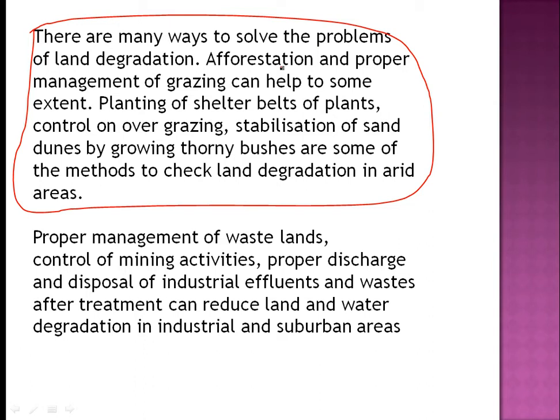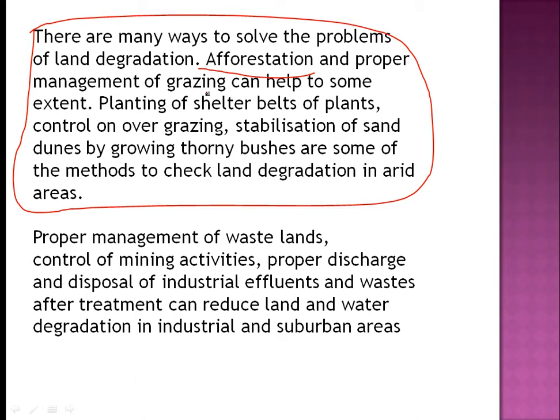Afforestation. The point number 1, land degradation and how to conserve it. So these are all the points which are speaking to you about the conservation of land degradation. First, afforestation. Then proper management of grazing can help to some extent.